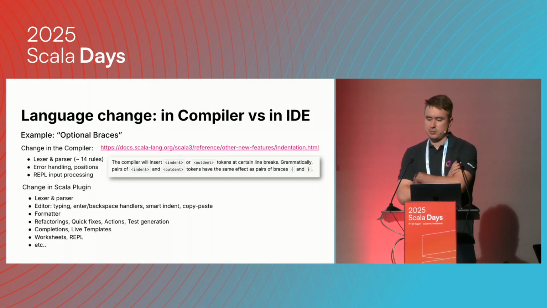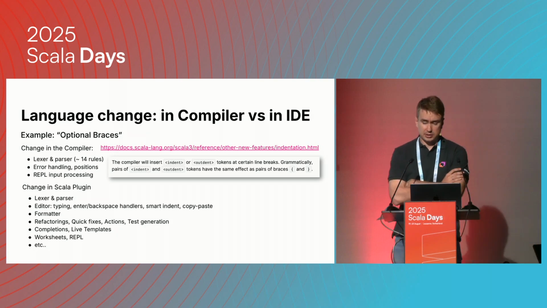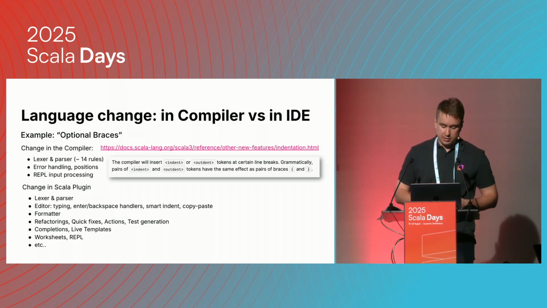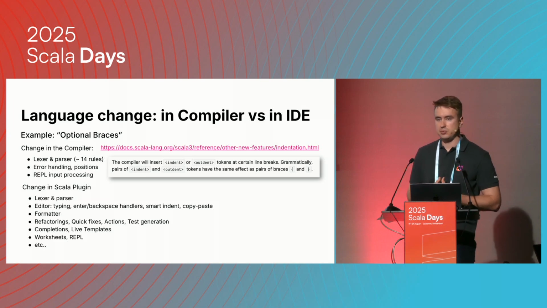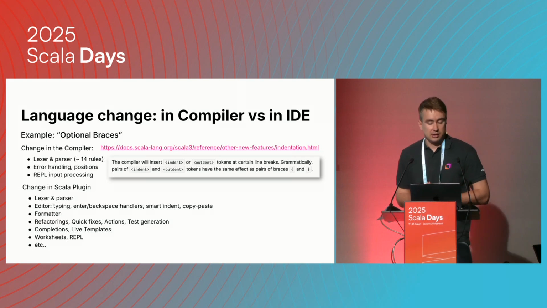In the Scala plugin, we also had to adapt our lexer and parser, but IDEs are designed for more than just analyzing static code. You can do much more there. You can edit code. You can type there.